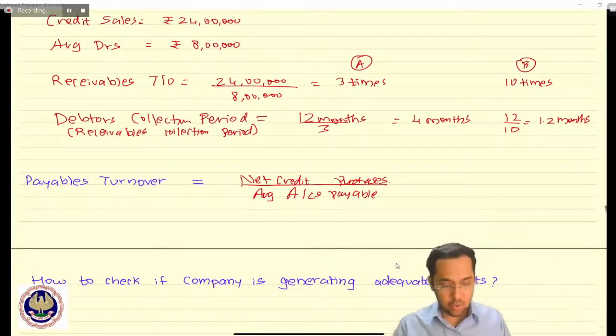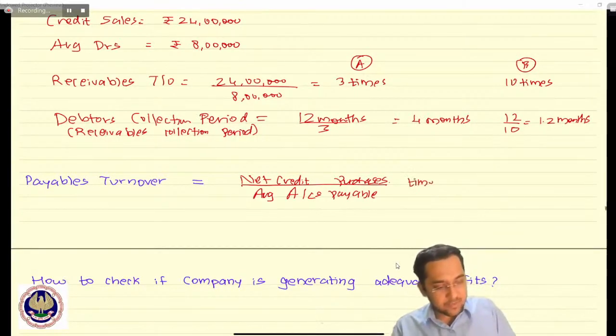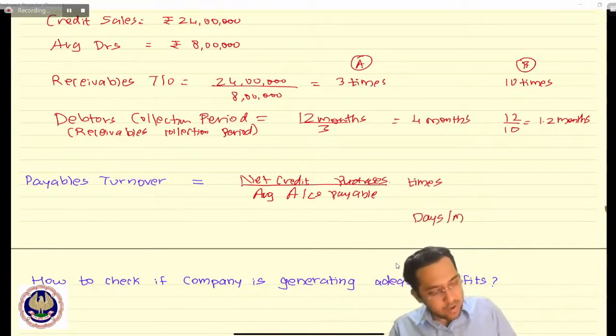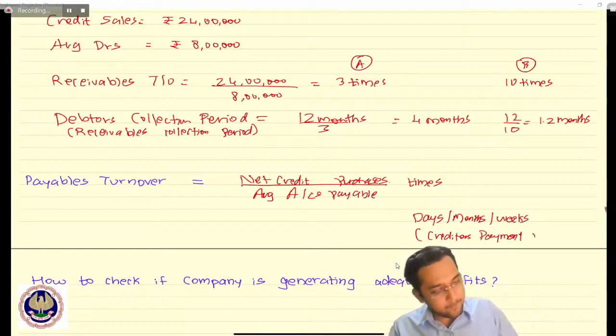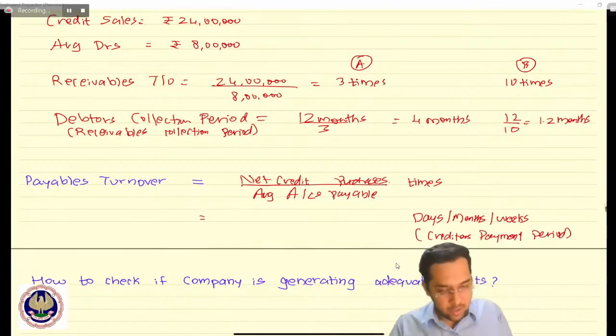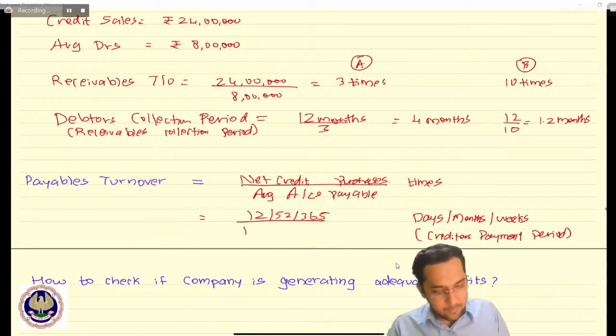Now again, payables turnover is going to be in so many times. If I want it in days or months or weeks, which is also said to be the creditors payment period, we can simply do it as 12 or 52 or 365 by payables turnover.